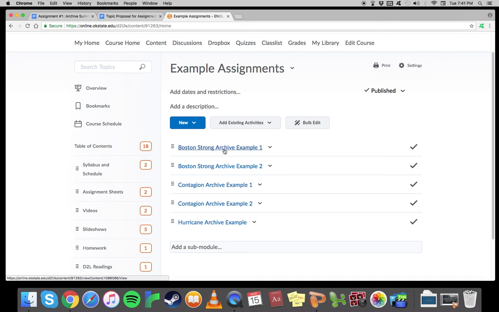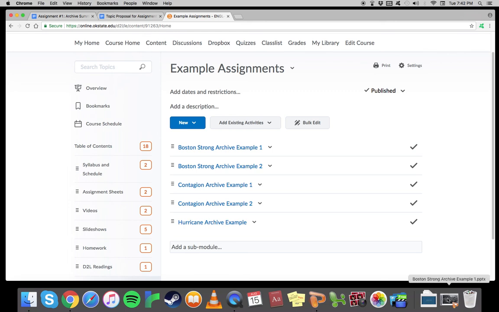The Boston Strong Archive example 1 is different from example 2. Example 1 focuses on things that example 2 does not focus on, and vice versa, right? So there are different ways to approach an archive, okay? There's no one way. Everyone has their unique vision, their unique approach.